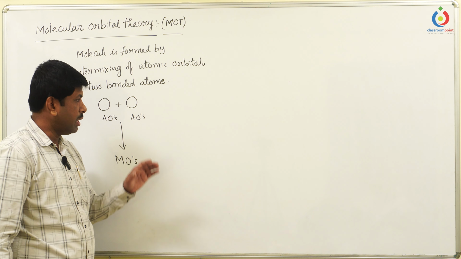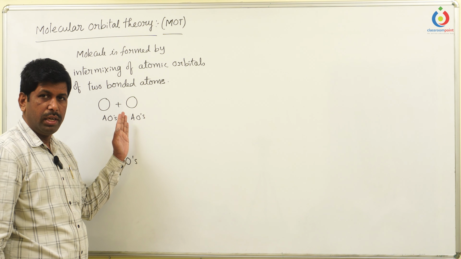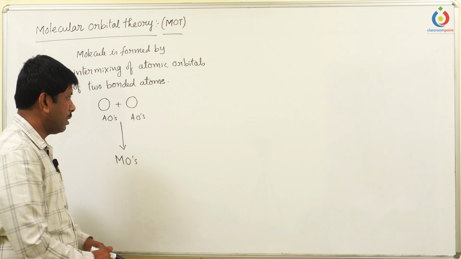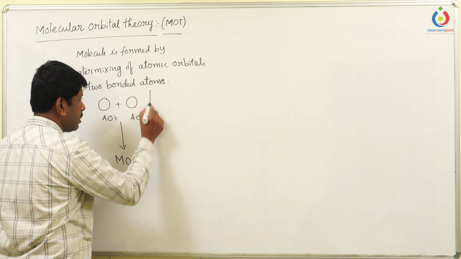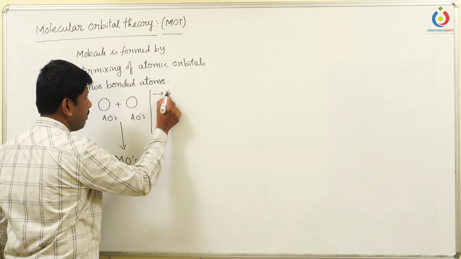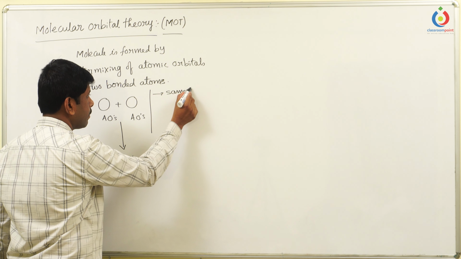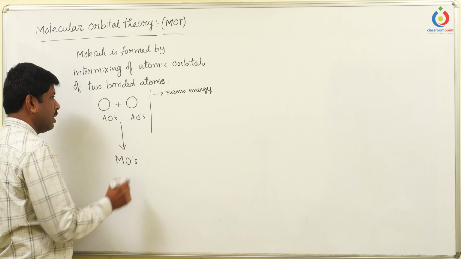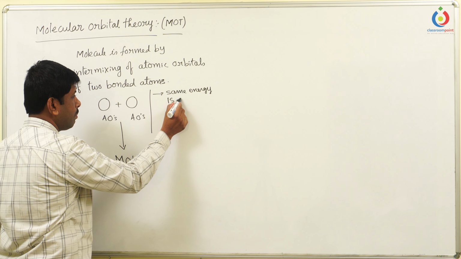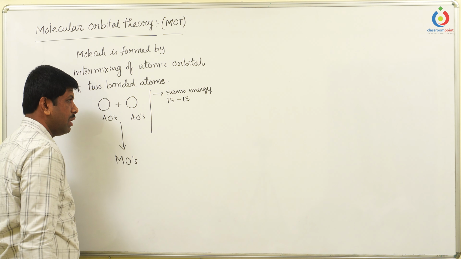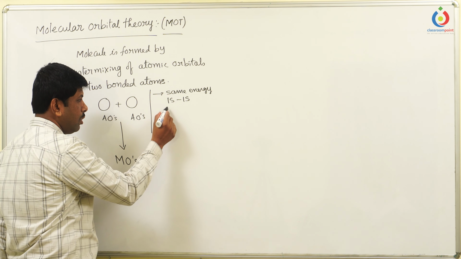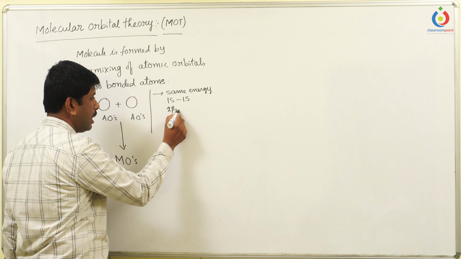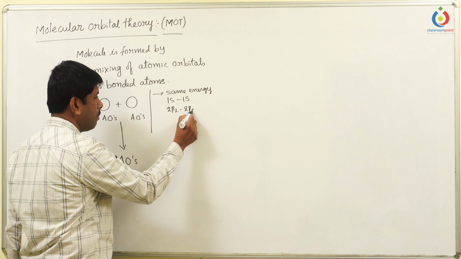And while intermixing, what are the necessary conditions for these atomic orbitals? So atomic orbitals must have the same energy. Both atoms' orbitals must have the same energy. That means the 1s orbital of one atom can intermix with the 1s orbital of the another atom. Like that, the 2pz orbital of one atom can intermix with the 2pz orbital of the another atom.